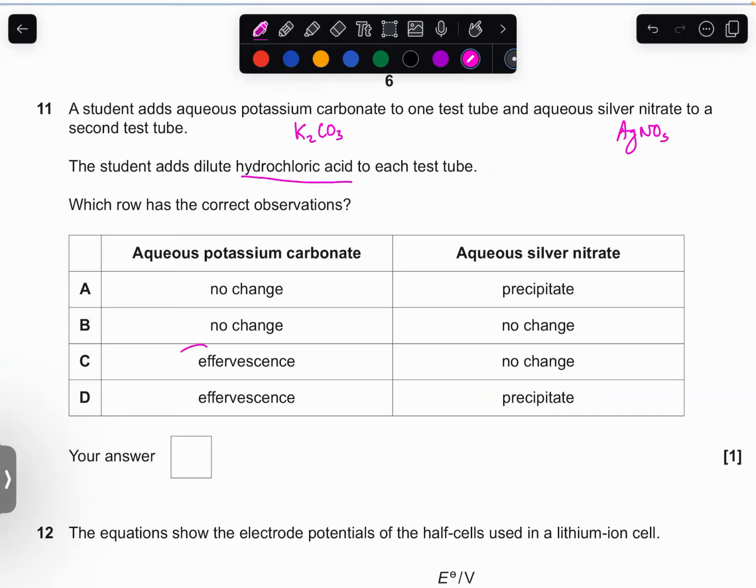So it's going to be either one of these two. And when you add it to silver nitrate, you've got H+ ions and chloride ions. The silver nitrate will react with the chloride ions to give you a silver chloride precipitate. And so the answer would actually be D.